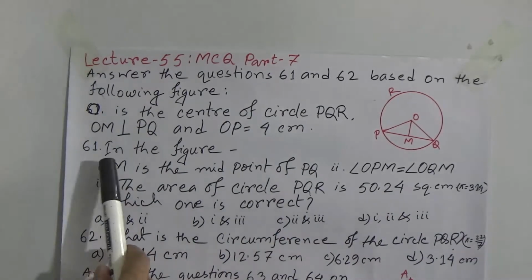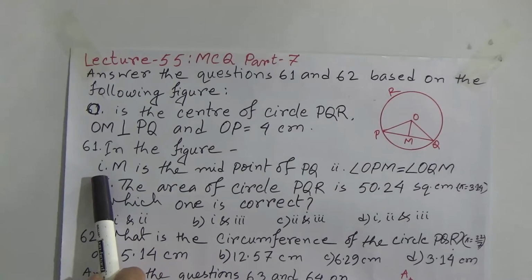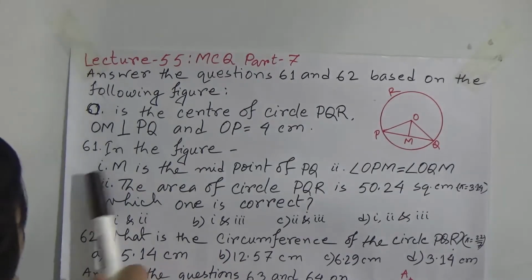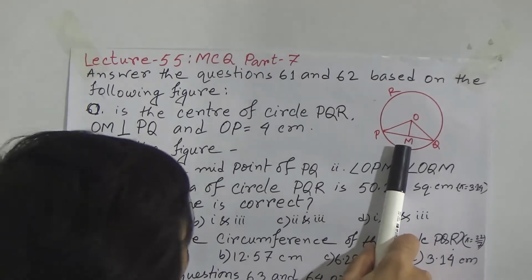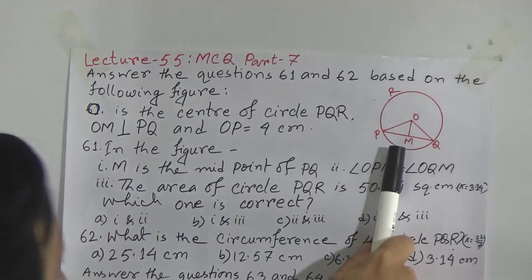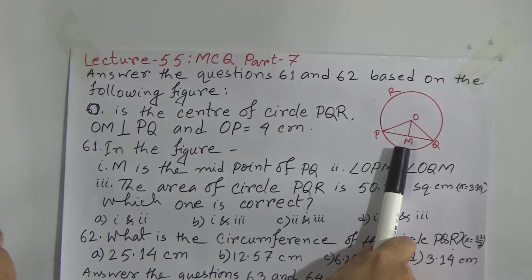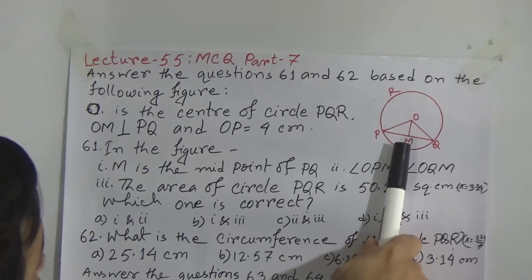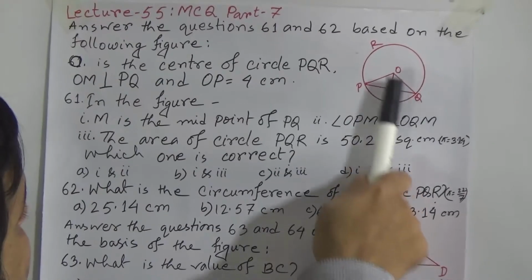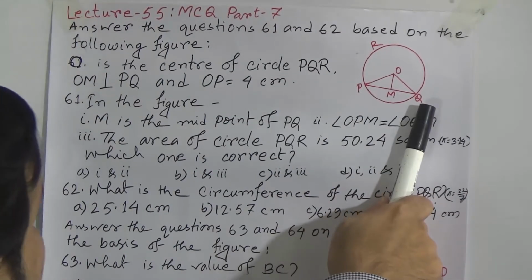Question 61. In the figure, statement 1: M is the midpoint of PQ. Is it true or false? At first we have to identify. Dear students, if you notice the figure, you will see OM is perpendicular to PQ.